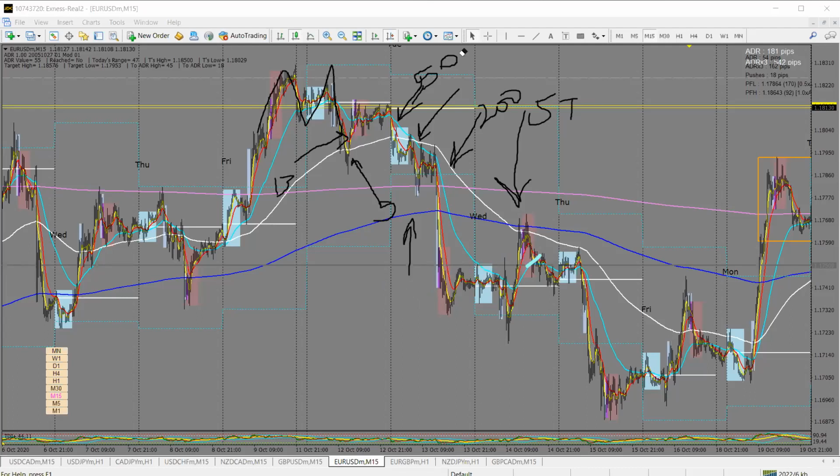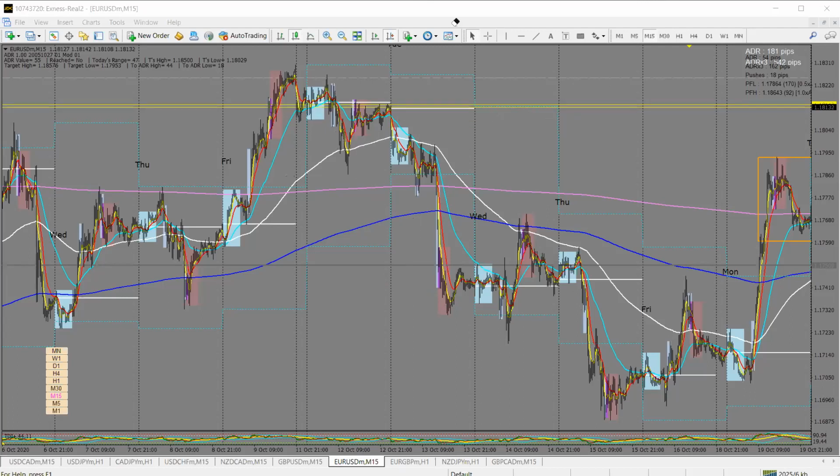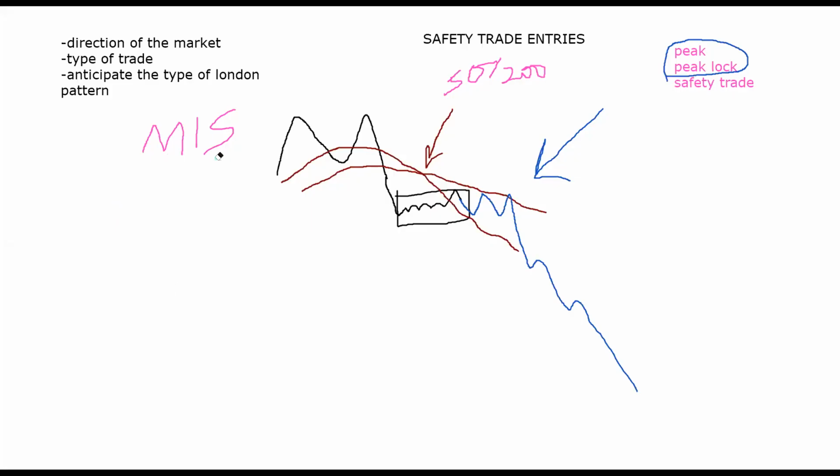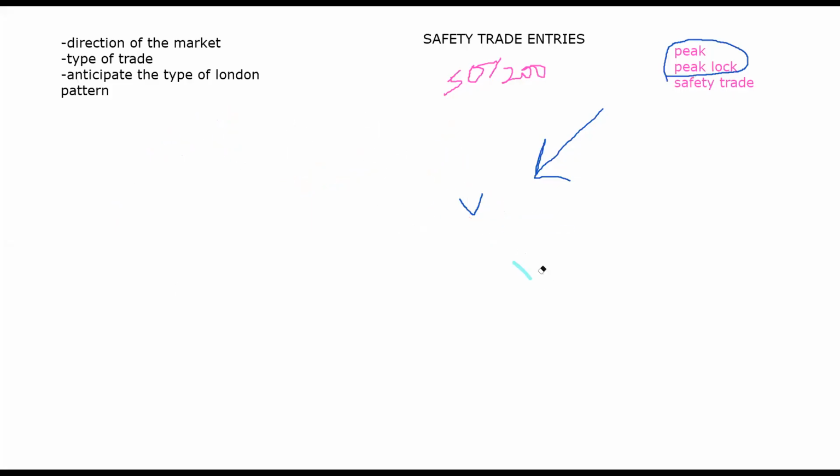Now, so when we come to entries, you then need to understand that every type of trade has a certain way in which you enter. Okay.